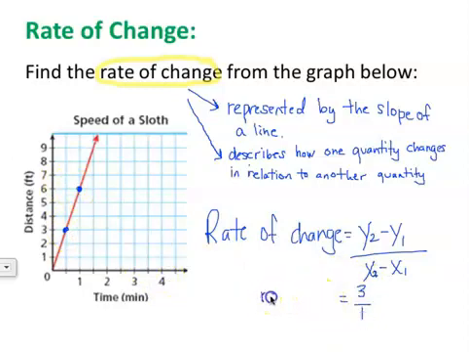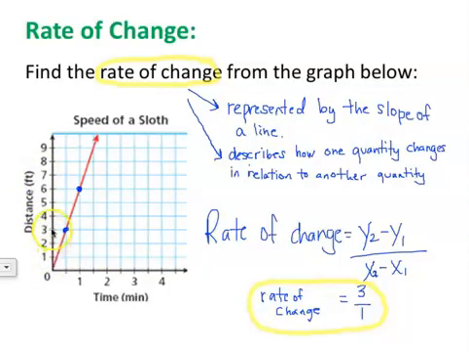So the rate of change is going to be equal to 3/1. And what does that mean? Remember, rate of change compares how one quantity changes in relation to another. So what does that vertical change represent? The distance.